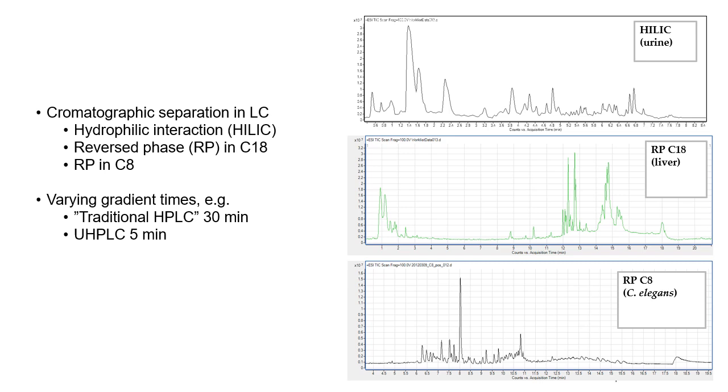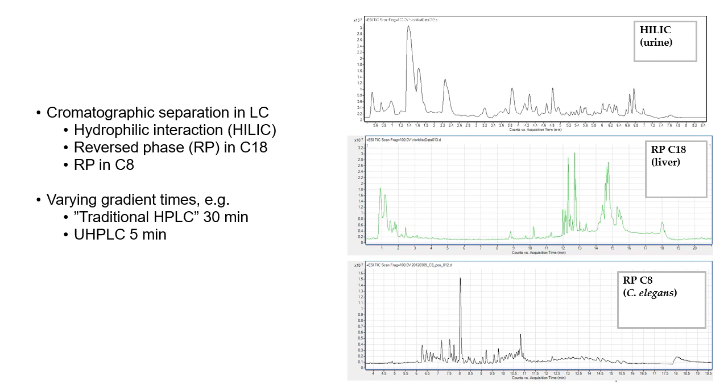And also in chromatography, the setting that you can change is obviously then the runtime. Traditionally, the liquid chromatography columns have necessitated something like a 30 minute run, but nowadays what is often used are these ultra high pressure liquid chromatography systems, which tolerate much higher pressures than the traditional ones, and the benefit there is that you can get as good separation as the traditional columns, but you can squeeze the analysis to much shorter run times.